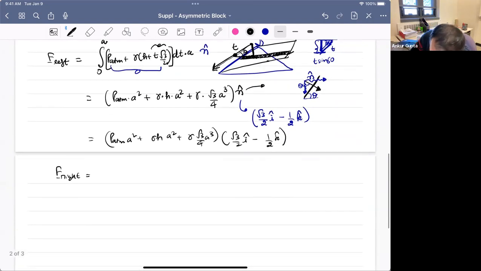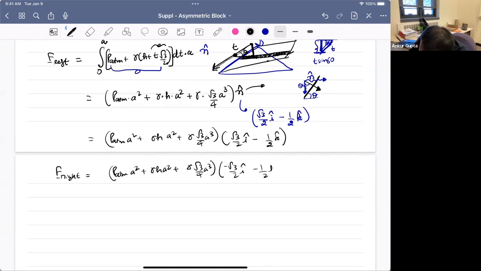So I can simply write it's the same part: P_atm A squared, gamma H A squared, gamma root 3 by 4 A cubed, minus root 3 by 2 i cap minus half k cap. So the magnitude stays the same, but the i cap, which is the X component, is the opposite, and the Z component remains the same because they are both pointing downwards.